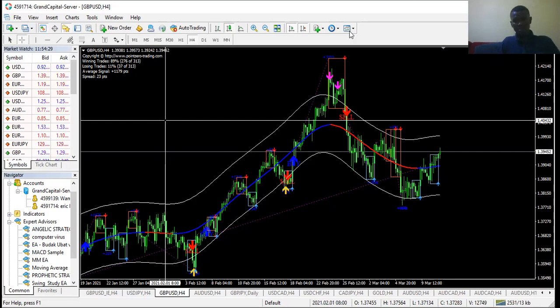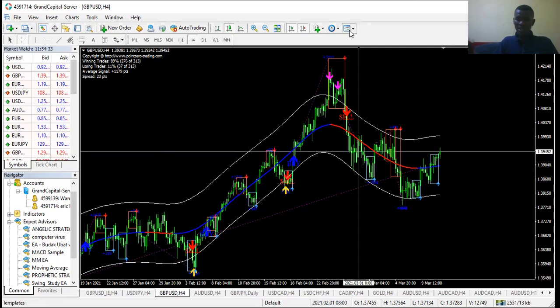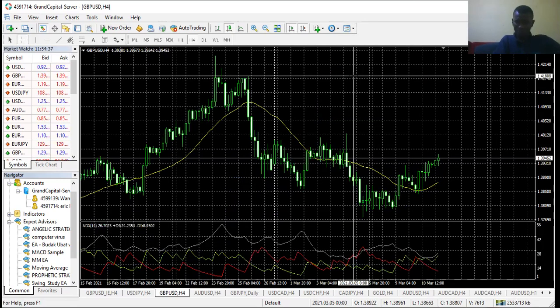Let me remove all my indicators here. I'll put on ADX. Now, if you look at my chart, that's my 4-hour chart of GBP/USD. There's something that you can realize.